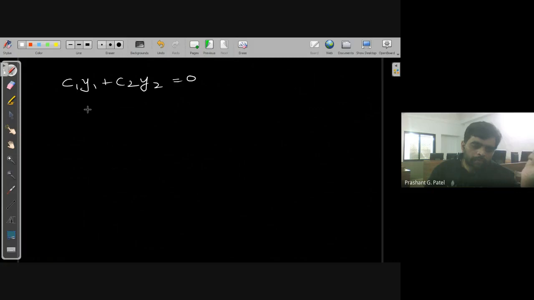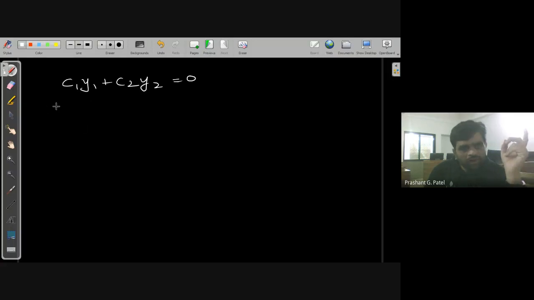So what we are trying to prove is that y1 and y2 are linearly independent. If we start with a linear combination and we get c1 and c2 both 0, then they are linearly independent; if any one of them is non-zero, then they are dependent. So here I want to show that any one of them is non-zero.